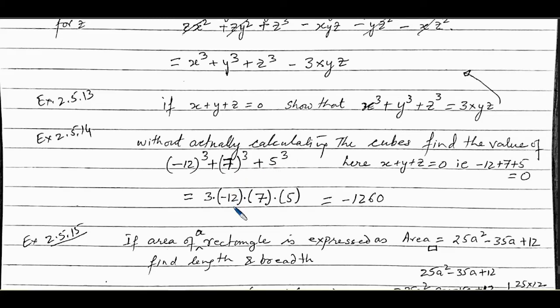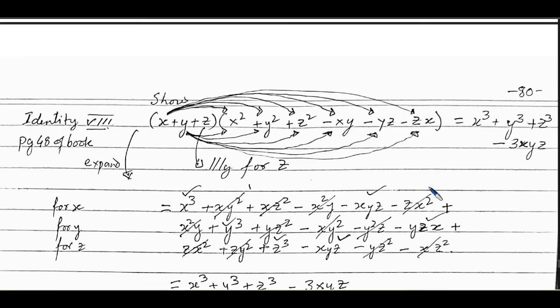So I put these numbers here, and I get minus 126. How can I do this? Because I know that x plus y plus z is equal to 0. Okay, that is minus 12 plus 7 plus 5 is equal to 0. So if this is 0, then the left hand side is 0, so I can straight away write this cube is equal to this.